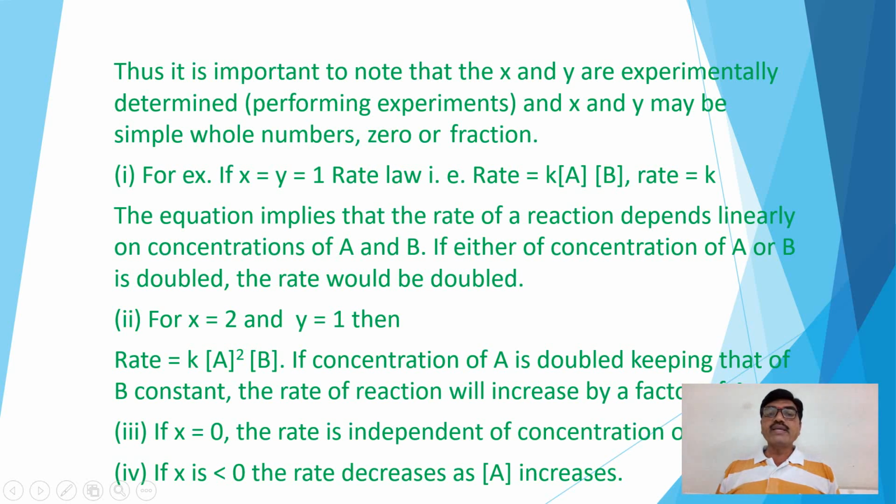If the concentration of A is doubled, what does it indicate? If the concentration of A is doubled, keeping that of B constant, the rate of reaction will increase by a factor of 4. So this is very important. Now see, what is the meaning of this?